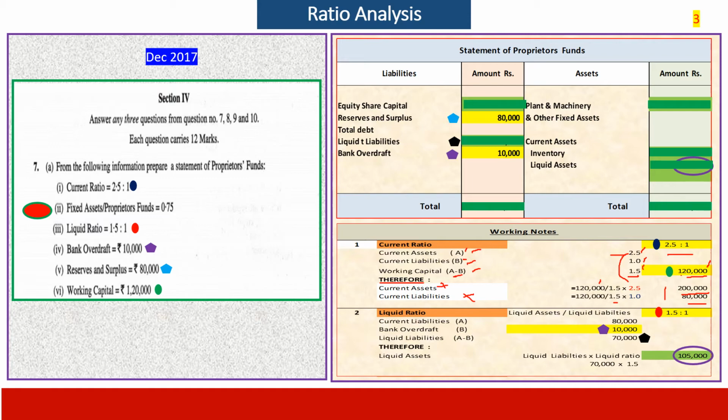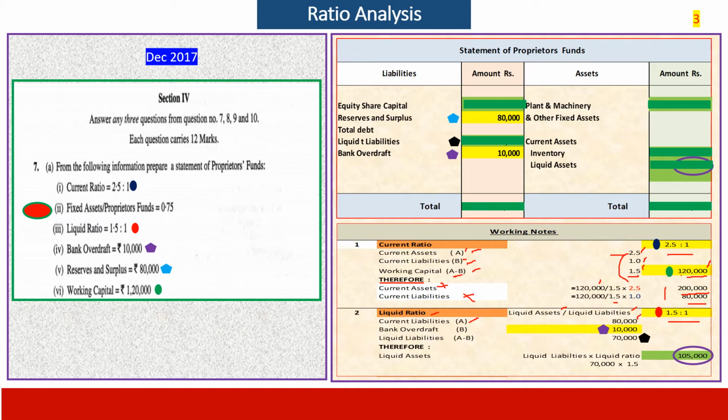We have to refine it further because we have been given the liquid ratio. What is liquid ratio? Liquid assets divided by liquid liabilities. The ratio is given as 1.5:1. What is current liabilities? We have derived it here as 80,000. What is liquid liability?